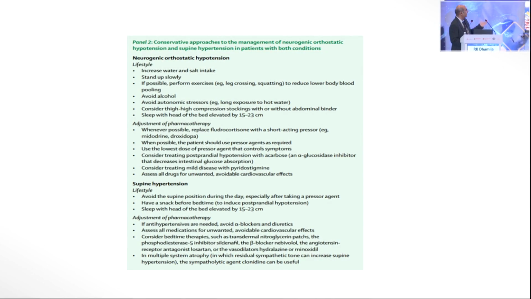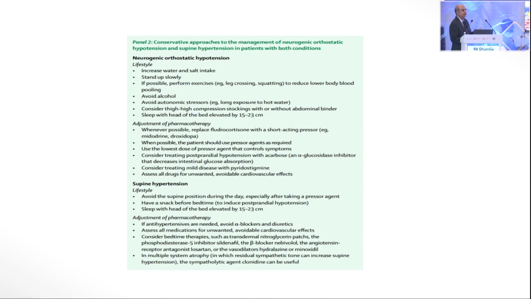So to sum up: neurogenic orthostatic hypotension needs lifestyle changes and adjustment of pharmacotherapy. Same thing for supine hypertension, very important: lifestyle modification, and of course adjustment of pharmacotherapy. These are things which are easily done in our clinical practice.